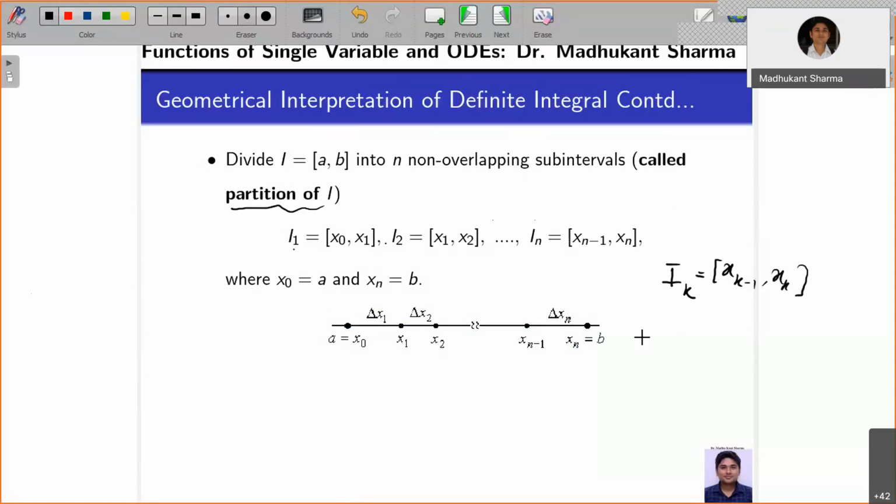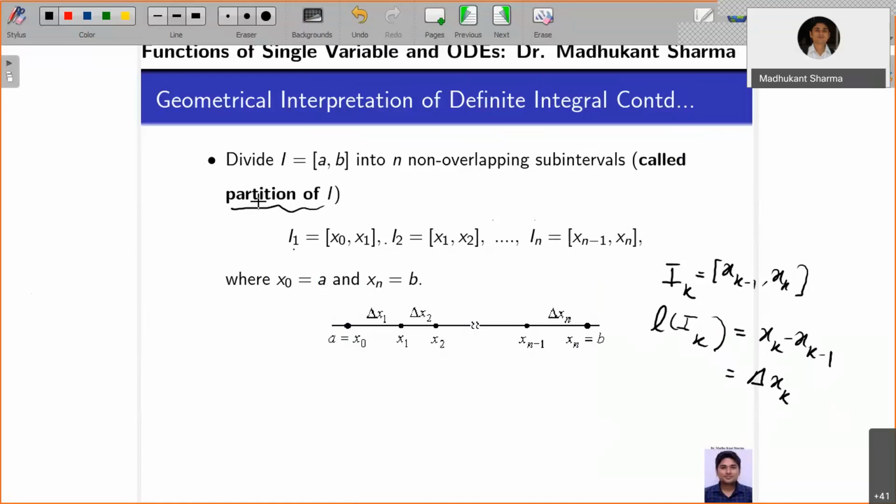The length of the interval Ik, which we usually denote by L of Ik, is xk minus xk minus 1, and sometimes it is also denoted by delta xk, when we take the forward point, xk minus the previous point, in the forward direction. Here x0 equals a and xn equals b. So this is called the partition of I.